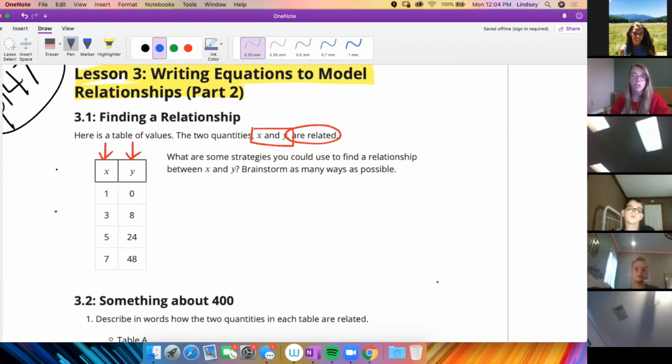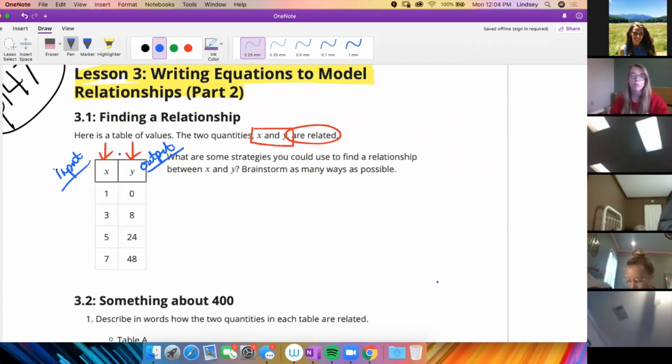When you first learned about X and Y tables, you probably learned about them as input and output tables. Does that sound familiar? That means you start with your input, which is 1, 3, 5, and 7 in this case.